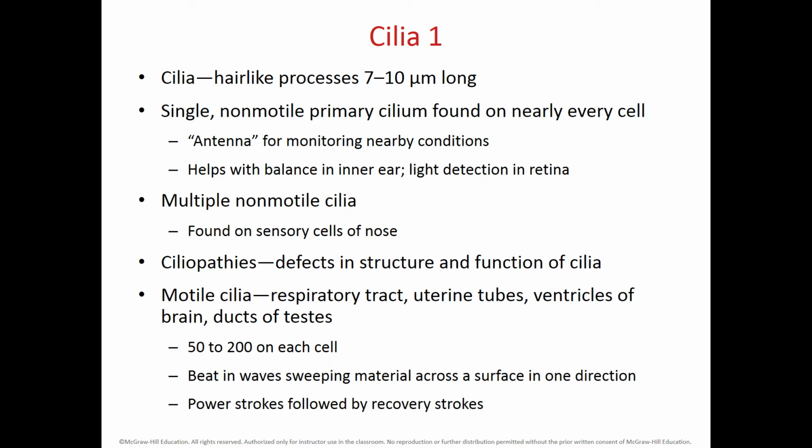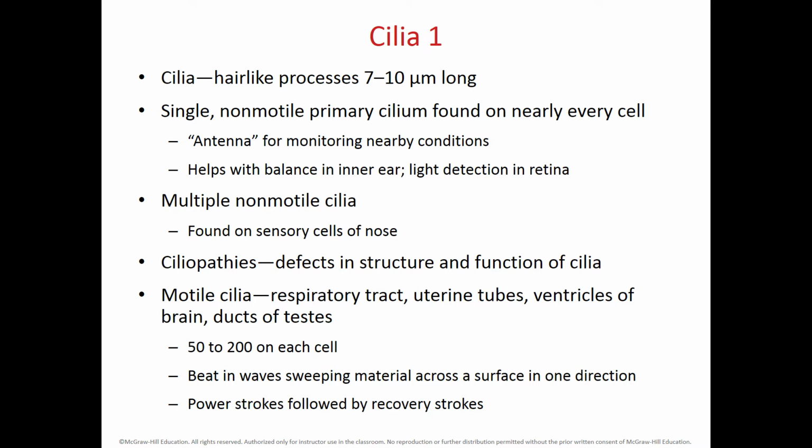For instance, we have this cilia in the inner ear that detects the motion of your body so you can maintain balance. Also, we have cells that have multiple non-motile cilia, like the ones that we have in the nose, which are sensory cells. And some cells have only a single cilium that is motile, like in the case of the cilium that is found in the sperm cells.